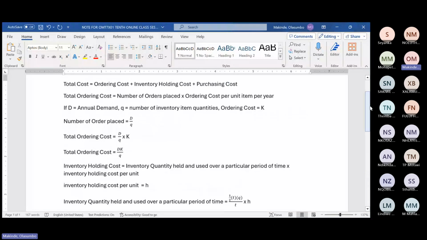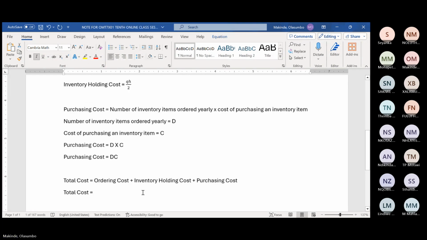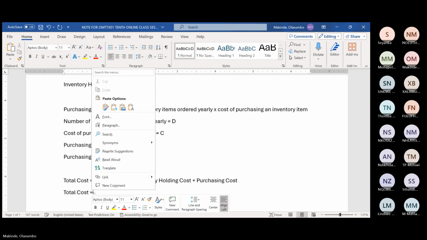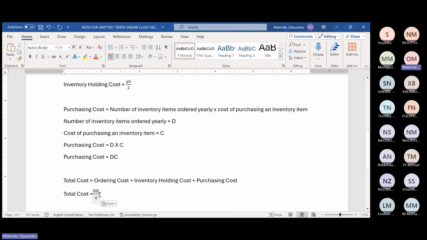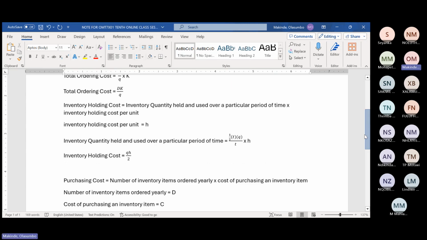So the ordering cost mathematical expression we have seen is DK over Q. I want to bring the K outside, still the same. Then plus the inventory holding cost, which is QH over 2.